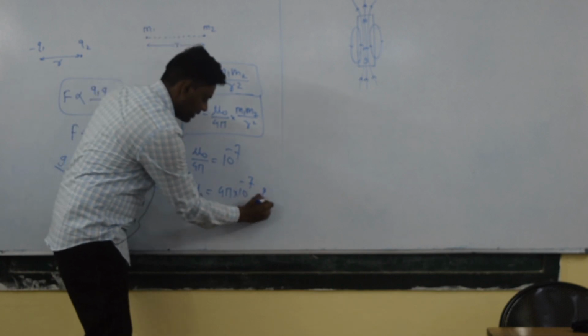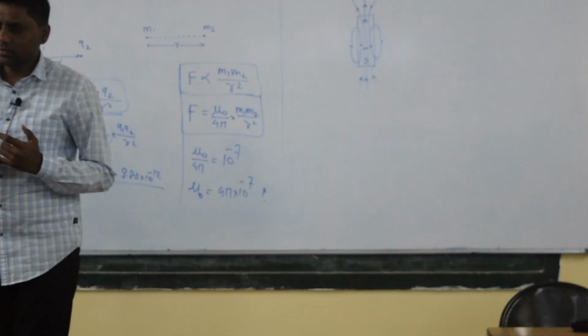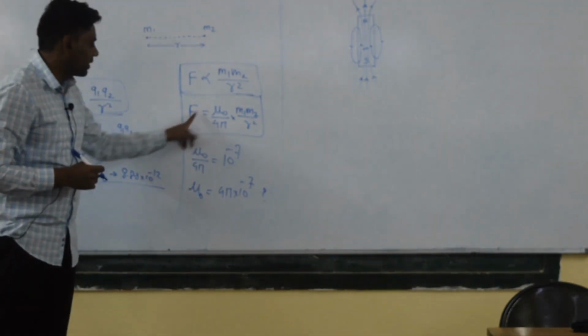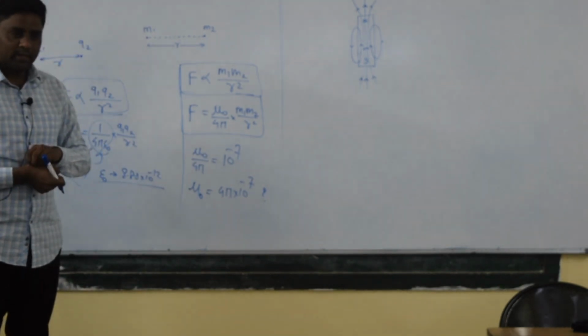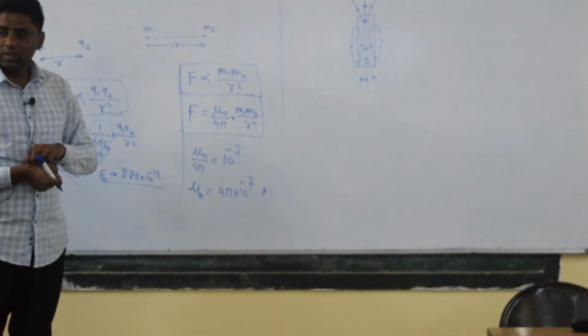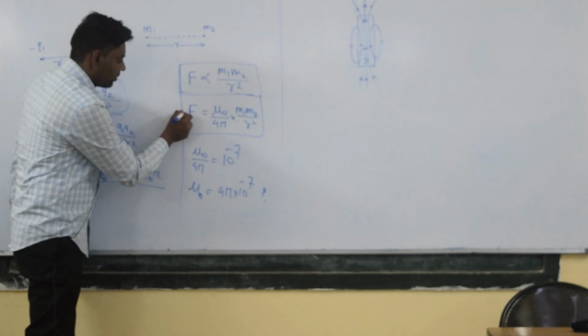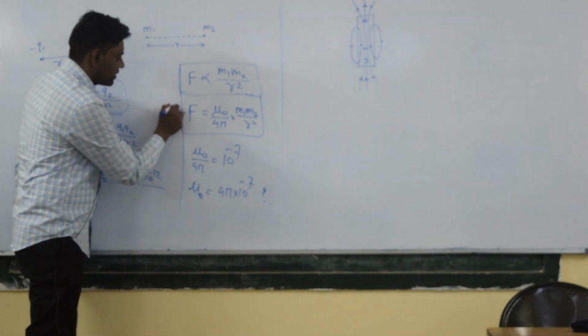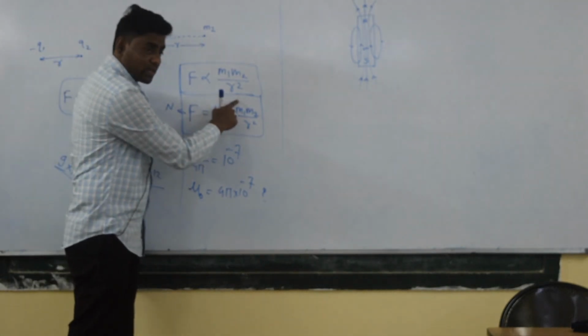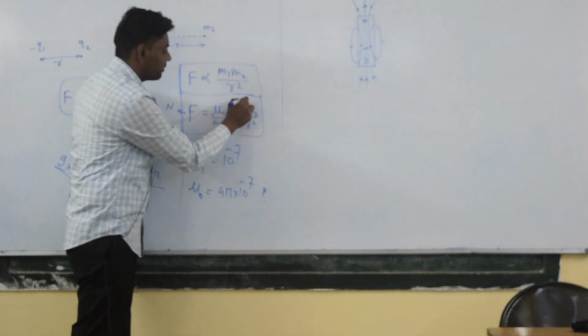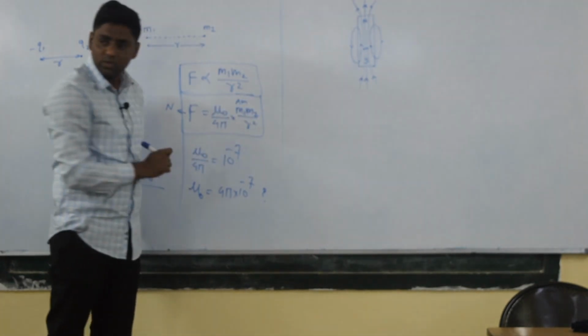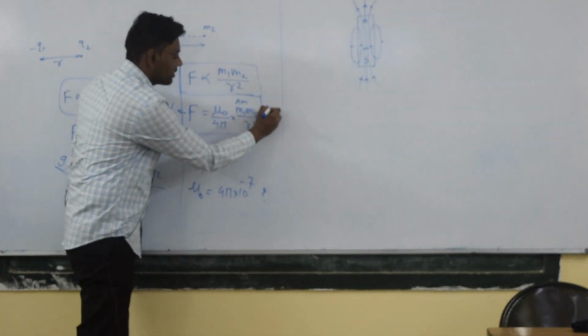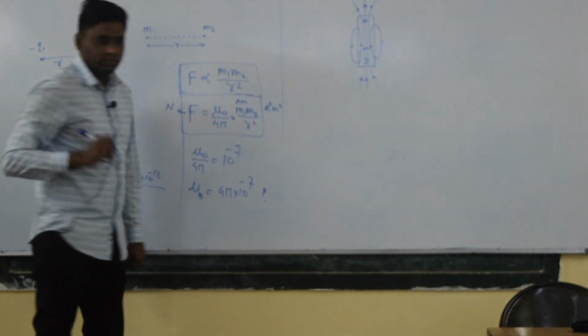Next, what is the SI unit? Can you calculate the SI unit by using this formula? What is the SI unit for force? That is Newton. The pole strength has SI unit ampere meter. Now there is a square, so it becomes ampere square.